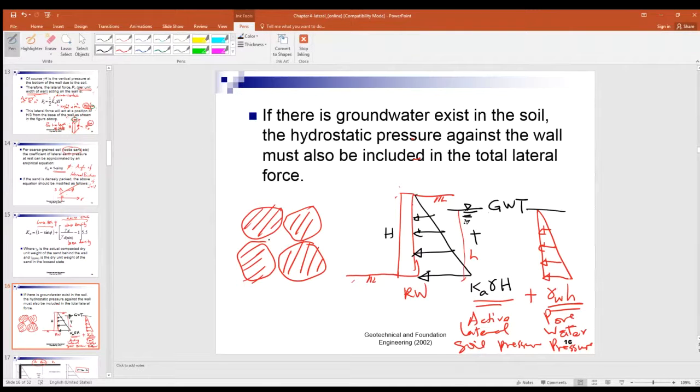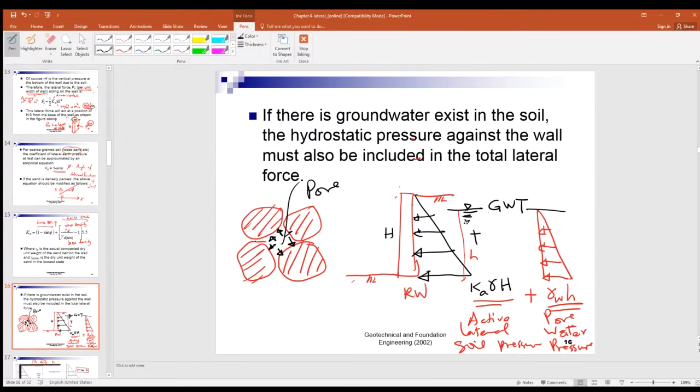And here, at a certain depth of the soil, you got the pores, the voids, right? The air space between the soil grains, the soil particles.